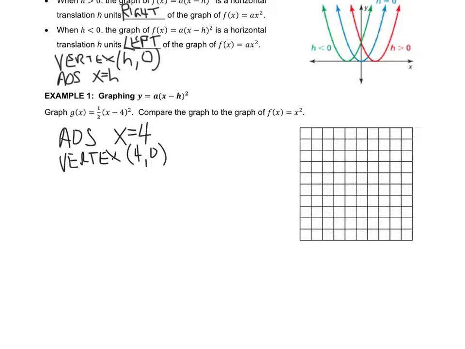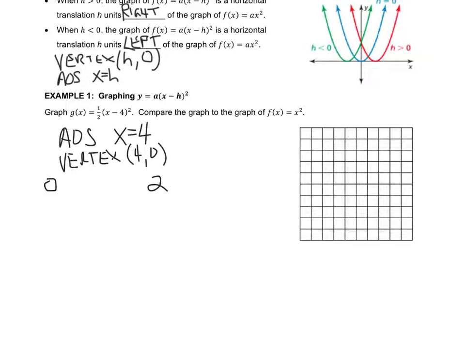But we now know the center of our table is at 4, 0. I'm going to use a couple of points and just focus on the left side, because in this case the left side makes the most sense. So let's use x equals 0 and also x equals 2. I'm using those even numbers because of that 1/2 in the front.